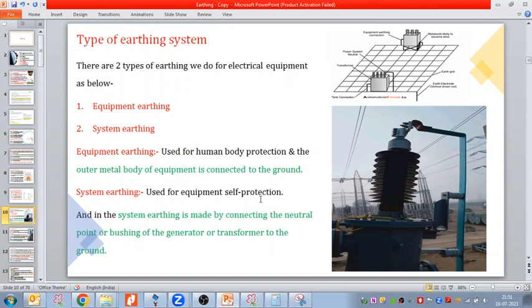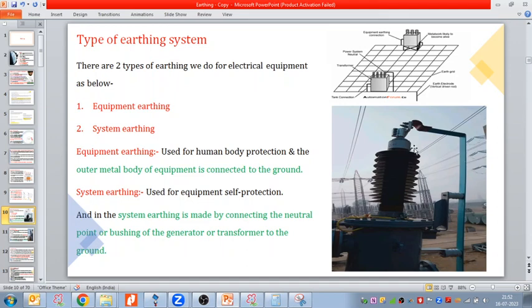In this system, earthing is made by connecting the neutral point or neutral bushing of the generator or the transformer to the ground. Here we have the neutral point or neutral bushing, and we are connecting it to the ground with the help of an earthing strip.